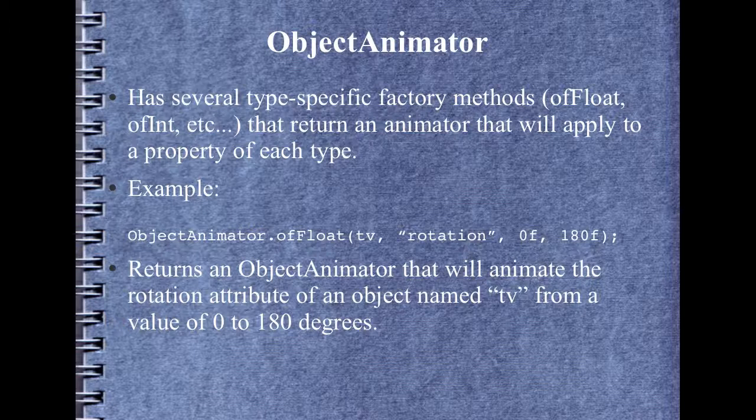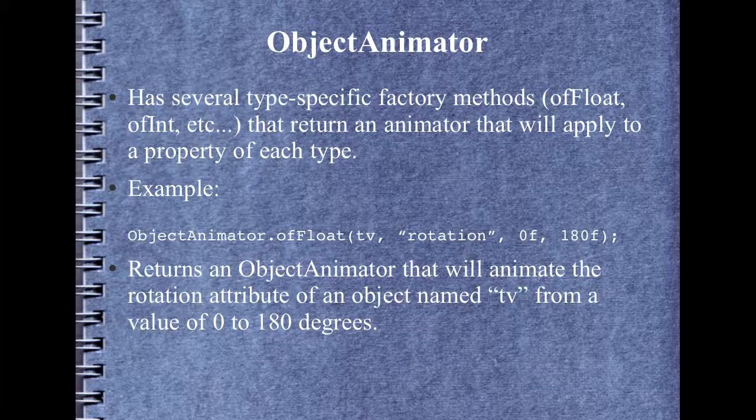So here's an example. We have ObjectAnimator.ofFloat as the factory method, and it takes four parameters. The first parameter is the name of the object that we're going to animate. The second parameter is a string naming the property that we're going to animate of that object.